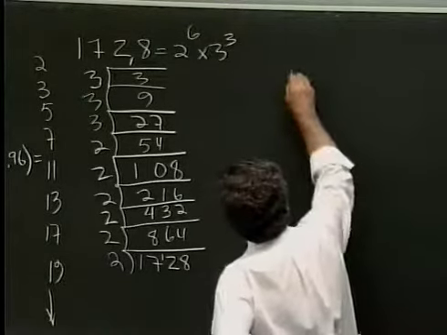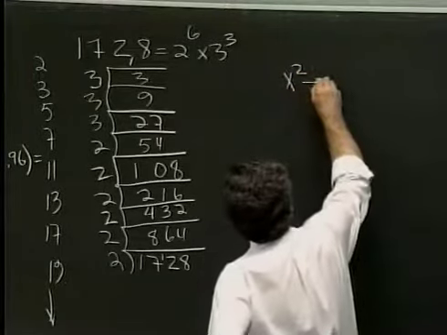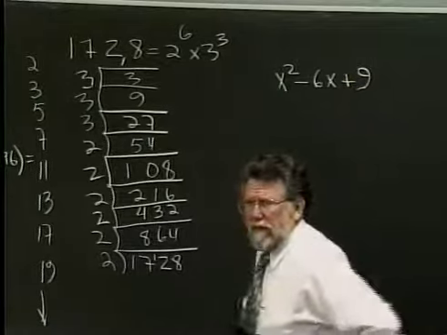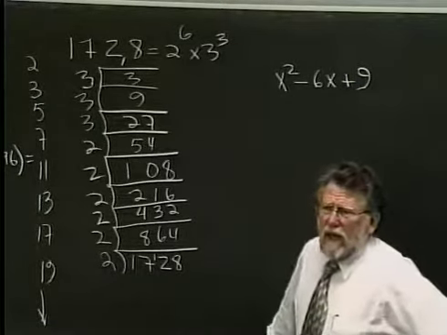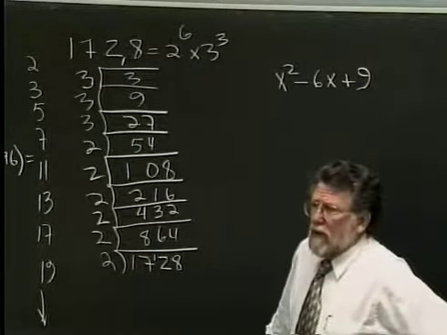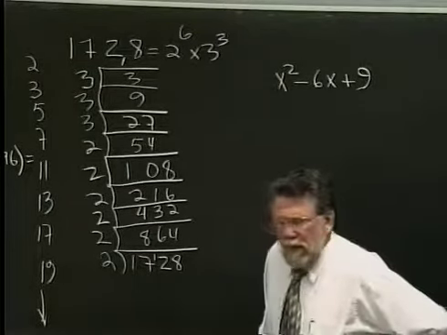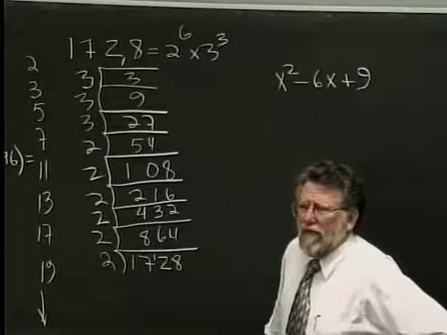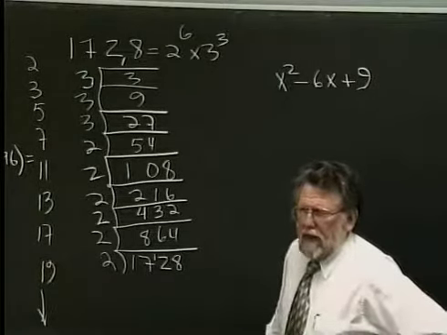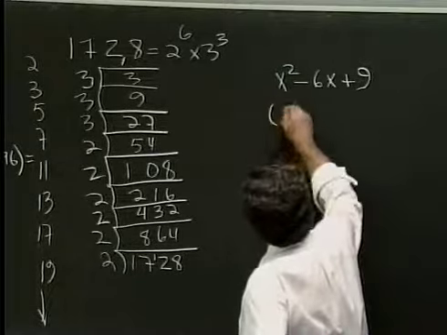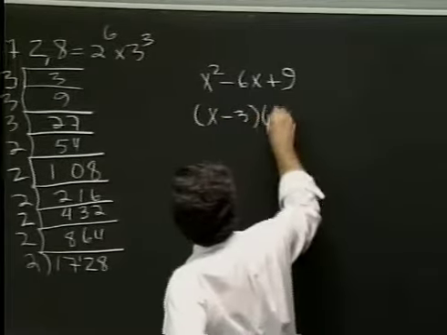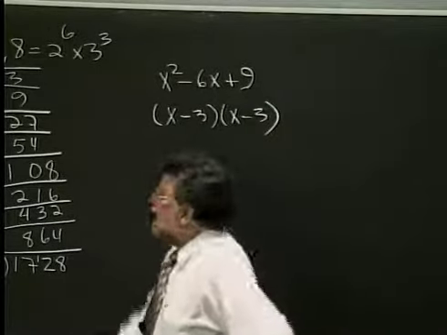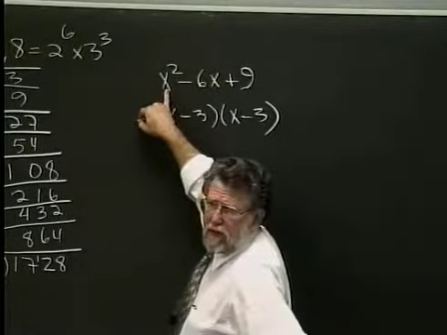If I looked at something like x squared minus, and let's just take 6x plus 9, like 1728, I would like to write it as a product of what would be like primes, but we think of it as a product of linear factors. So what I'm getting at is you can look at this and say, well, that's x minus 3 times x minus 3. Now, that's recognizing that the first term here was a perfect square.